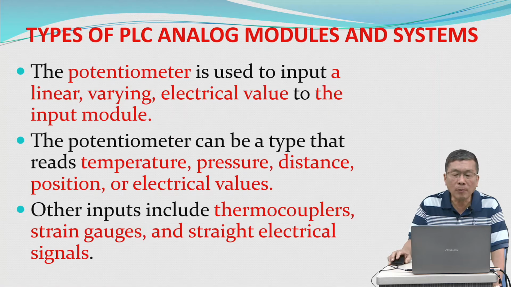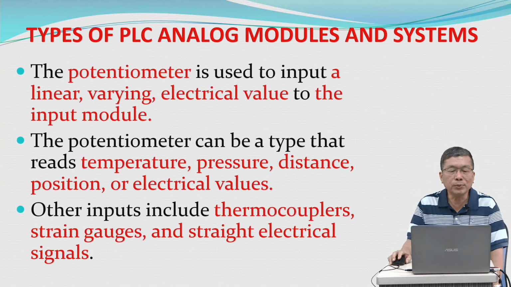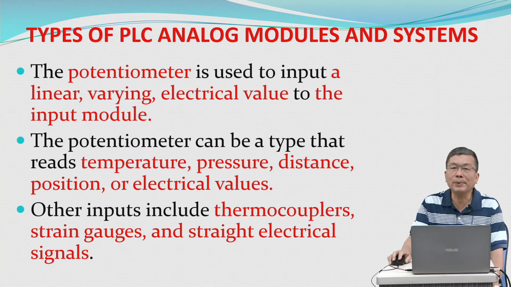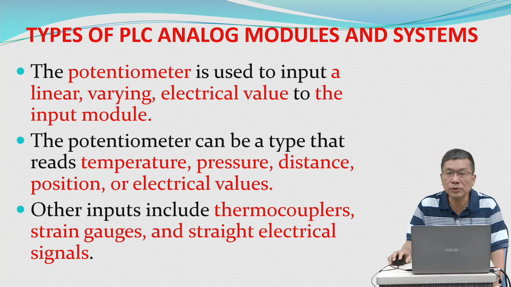The potentiometer is used to input a linear varying electrical value to the input module. The potentiometer can be a type that reads temperature, pressure, distance, position, or electrical value. Other inputs include thermocouples, strain gauges, and straight electrical signals.